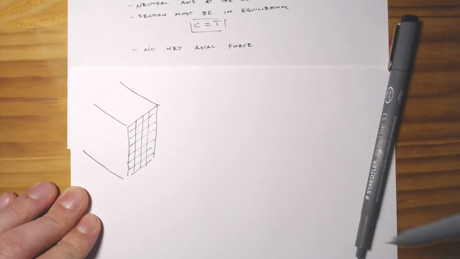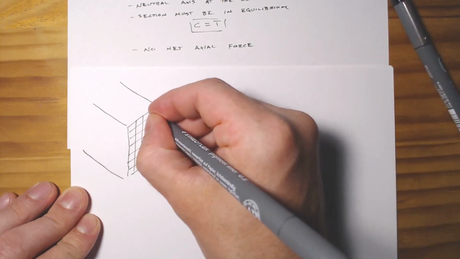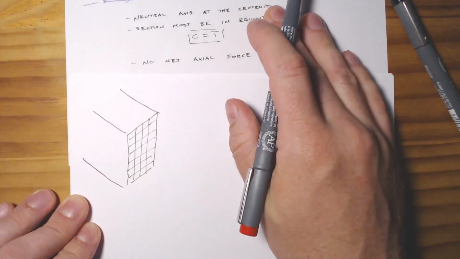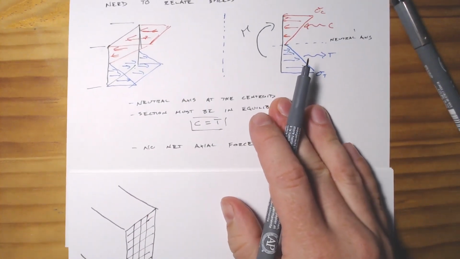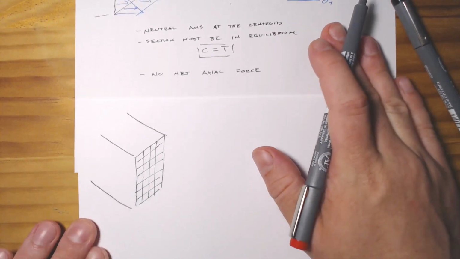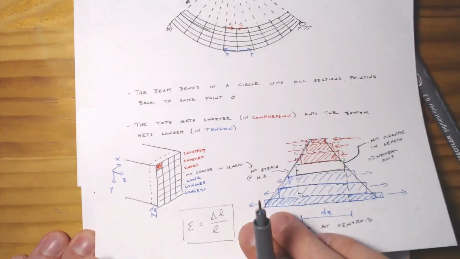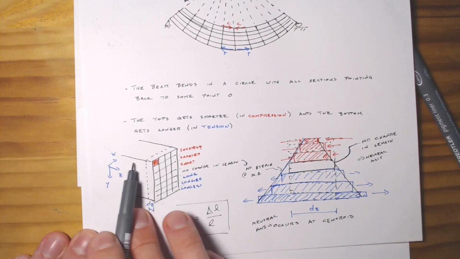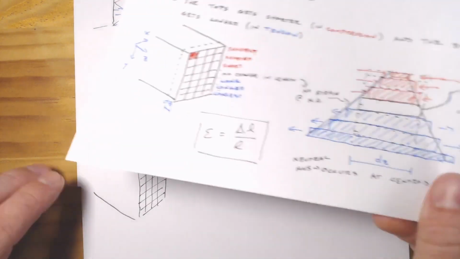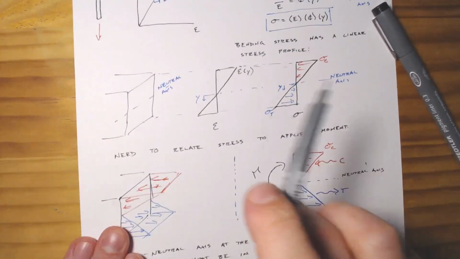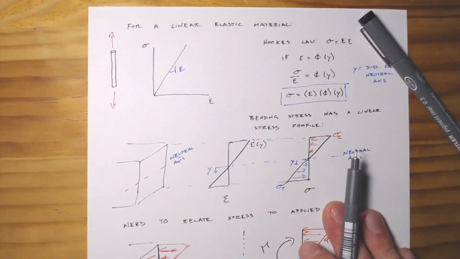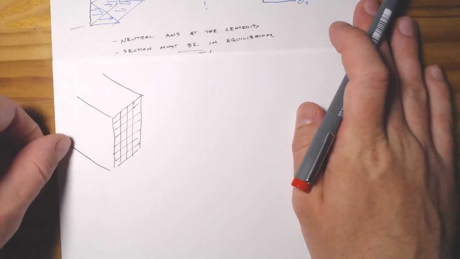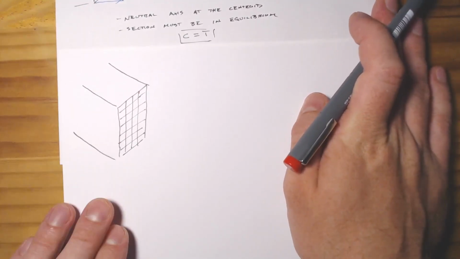And so, compression is equal to tension. So for this, we need to make sure that we've got forces in equilibrium. If we've been thinking about this cross-section as really a series of little axial problems, we did it here in thinking about the strain, we did it here in thinking about the stress-strain relationship. Well, let's continue on that, and let's think about some axial force.